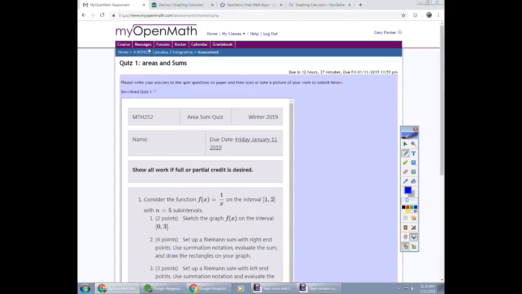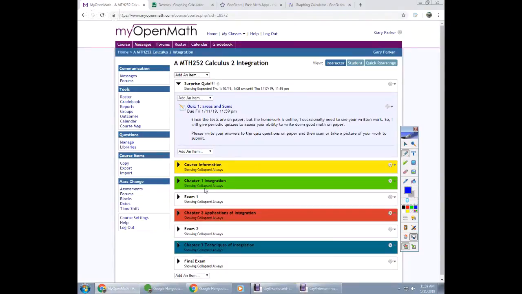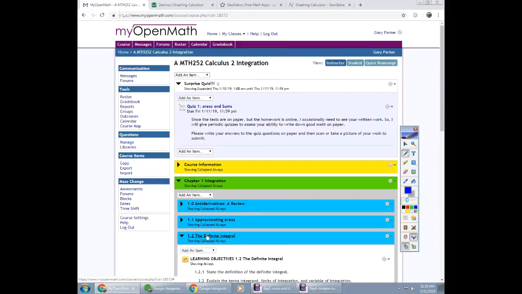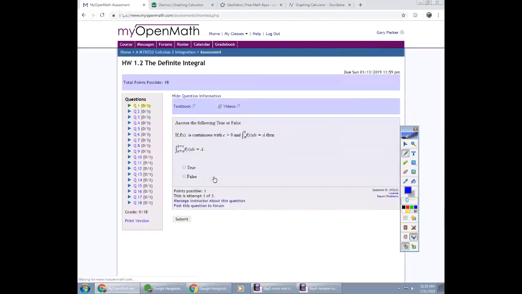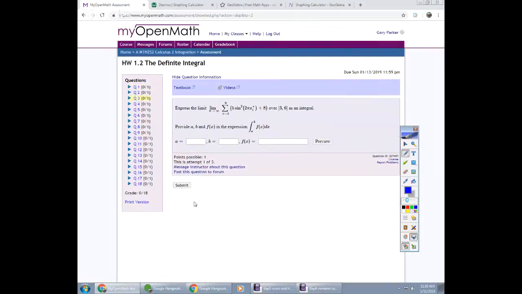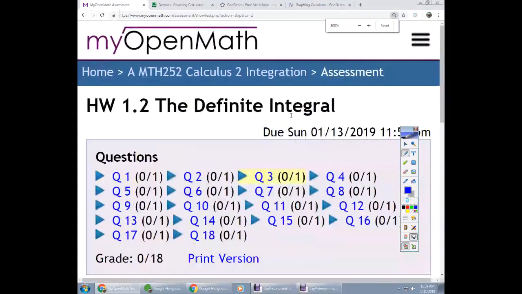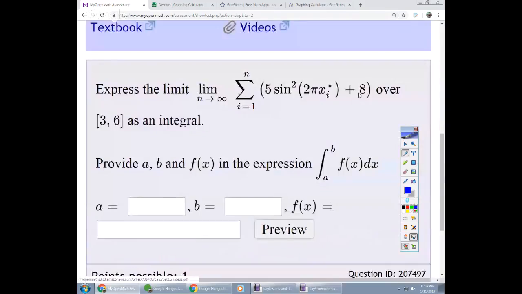All right, so let me see. 1.2, number 3, is that right? Yep. Or 1.1, 1.2. So just a problem like this in reverse. Here is the Riemann sum. What I want to do, let's blow it up a bit. I want to figure out what function is being evaluated here.